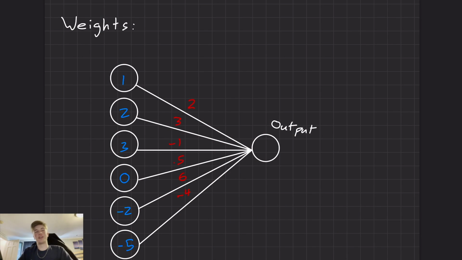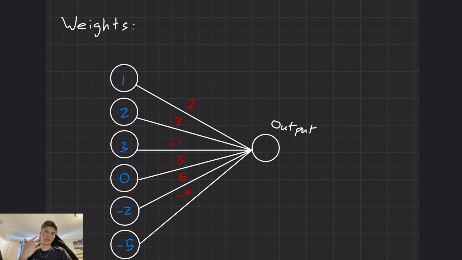Today we are going to be talking about weights and activations, and I'm very excited because weights and activations are really at the heart of a neural network.